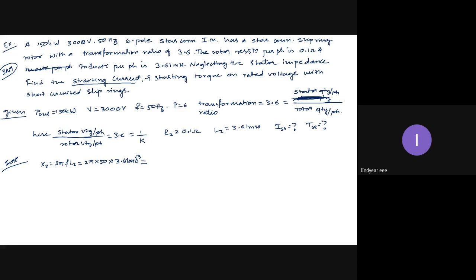There are a lot of typing mistakes in this textbook and in its solution values. You should be careful while solving. So it is 1.13 ohms.